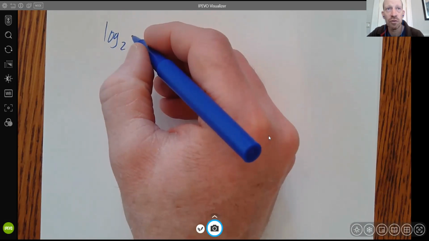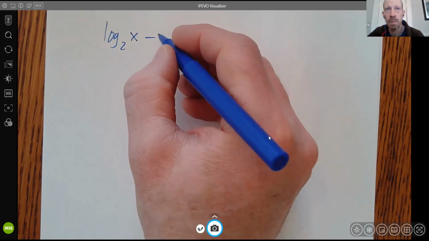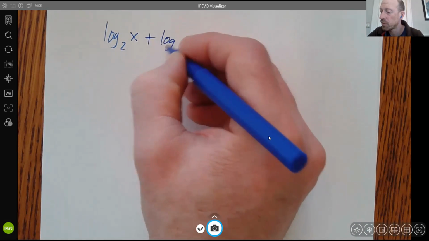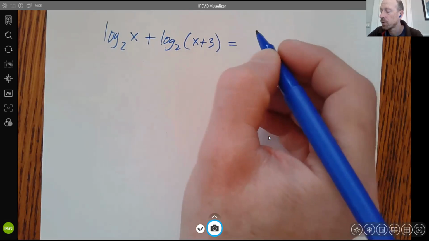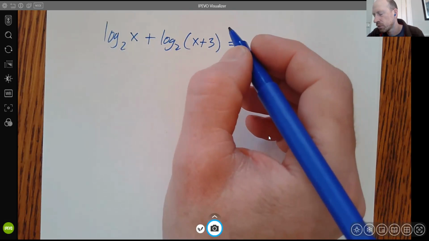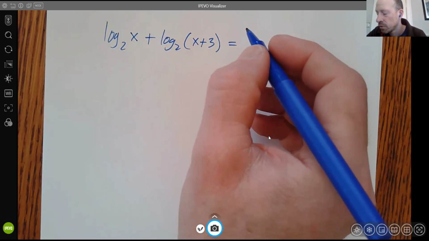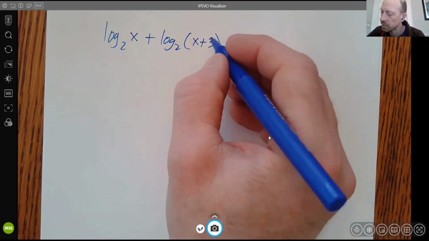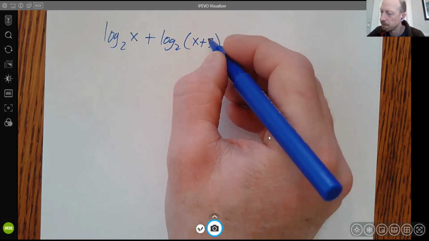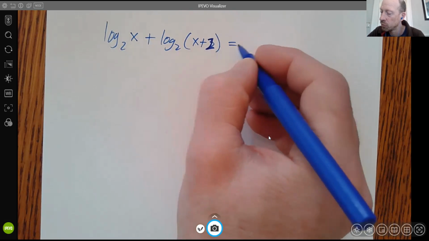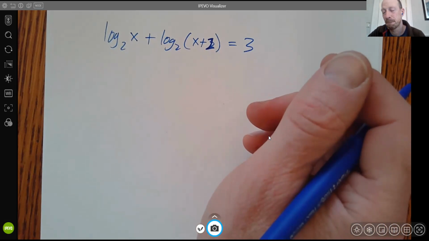The log base 2 of x plus the log base 2 of x plus 2 equals 3.